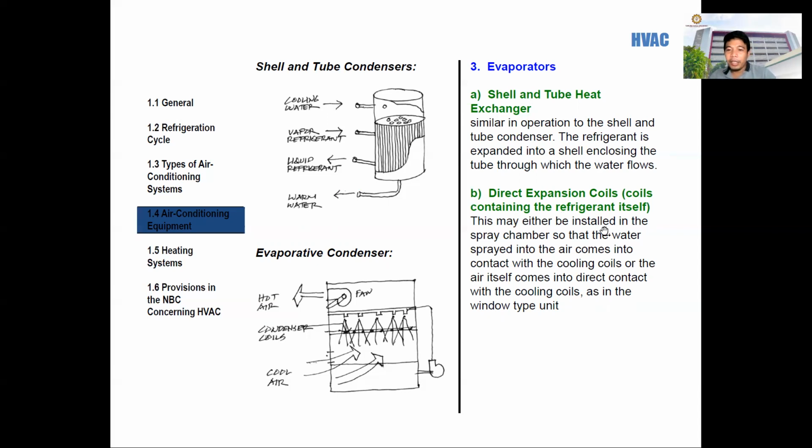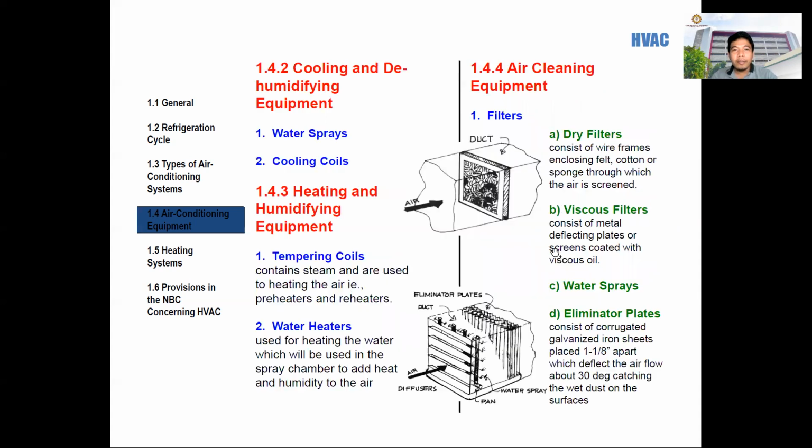This may either be installed in a spray chamber so that the water sprayed into the air comes into contact with cooling coils, or the air itself comes into direct contact with the cooling coils as in the window type unit. So that's the evaporator used in window type air conditioning units.